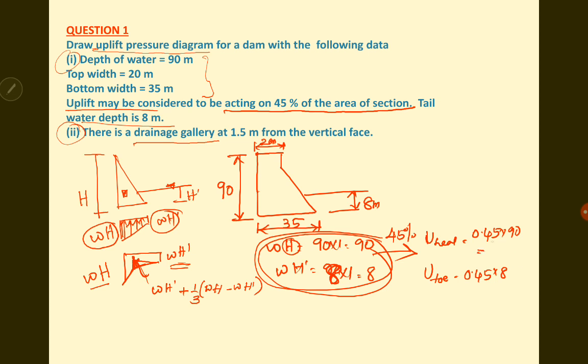So the values will be 40.5 meters as well as 3.6 meters. So how will your uplift pressure diagram be? The uplift pressure diagram will be like this. This value will be 40.5, this value equal to 3.6. What is this dimension? That is 35. So this is the uplift pressure diagram for the first part of this question.